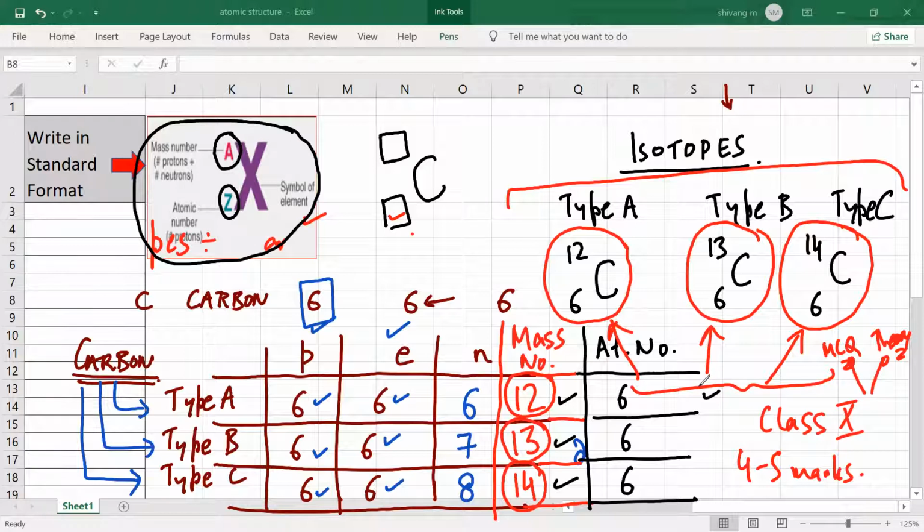So now I will give you some information about chlorine. For chlorine, you will be supposed to fill this table. I will rub this.